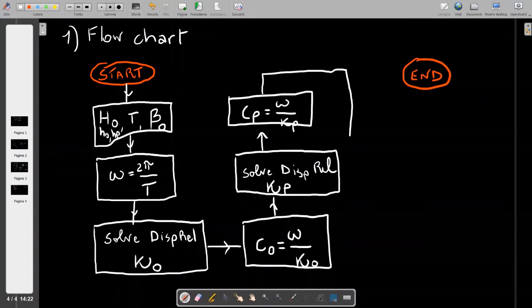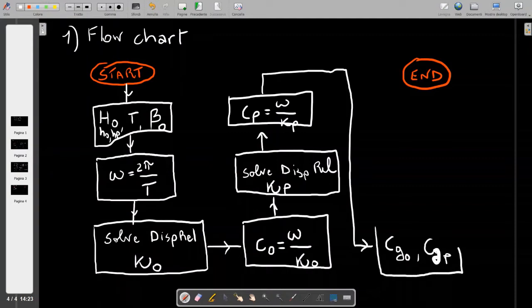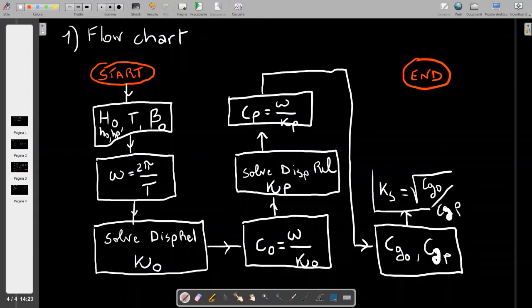Then we need to compute the group celerity in O and the group celerity in P. And then we compute Ks, that is equal to the group celerity in O over the group celerity at the point P. And then we have computed Ks.